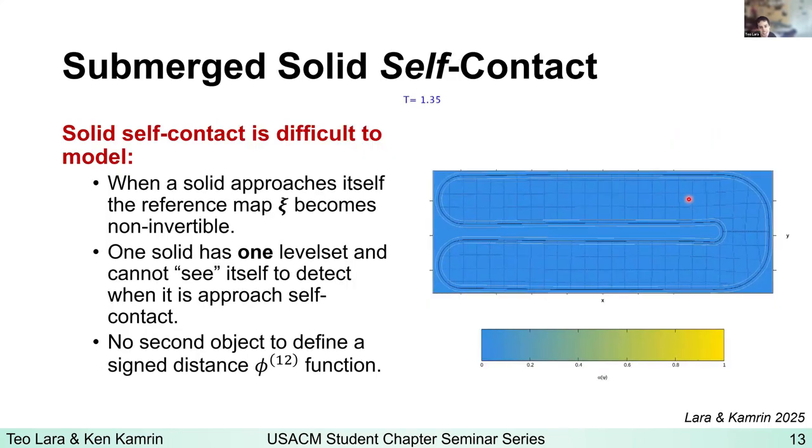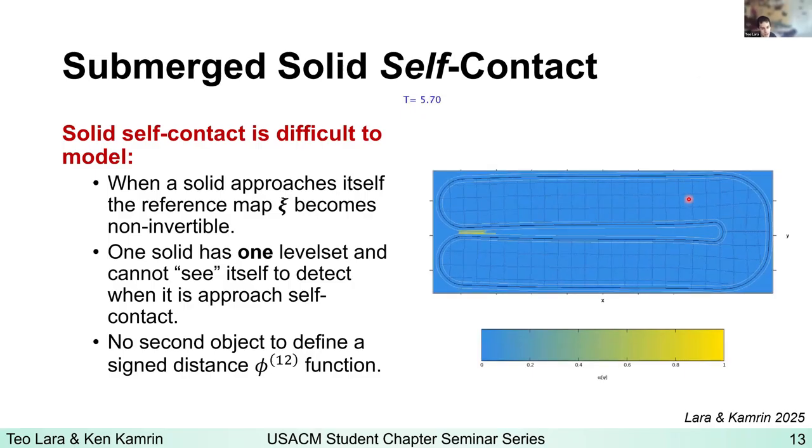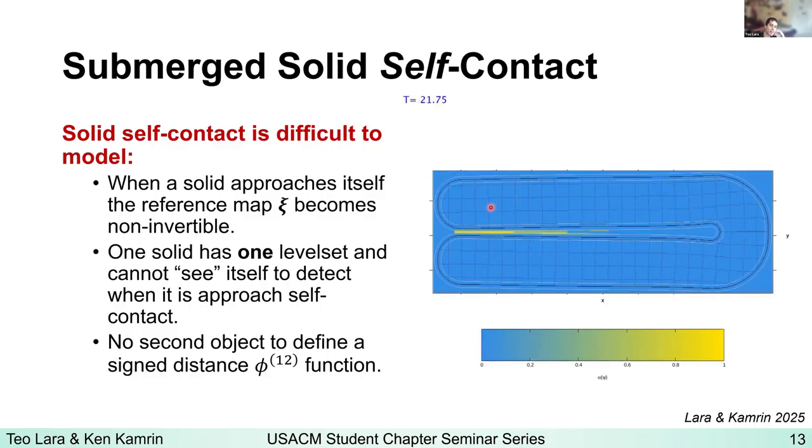A self contact is tricky to do, primarily because you only have a single level set field, right? When you have a single solid body, right? So this little U shape is coming into contact with itself. One side of this U has no way to see the other side of the U because the level set field does not provide any information about the location of the other side of the U shape, right?